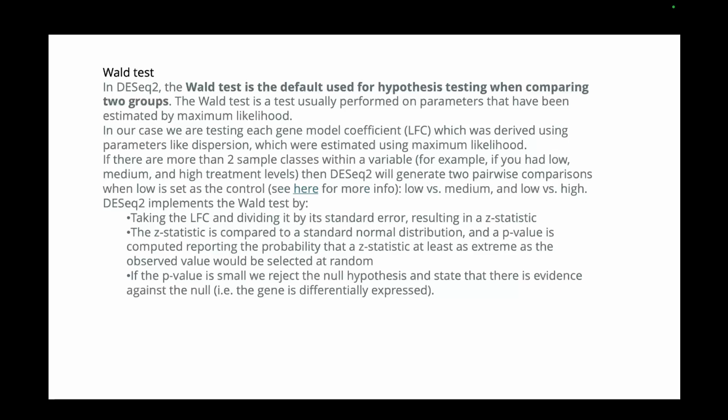If only 5% of the data will not have log fold change and the rest will, then you reject the null hypothesis, saying there is enough evidence against it: in 95% of the cases the gene will be differentially expressed, and only in 5% of the cases it will not be. That is how you reject the null hypothesis and accept the alternate hypothesis, that there is evidence the particular gene will be differentially expressed, right?